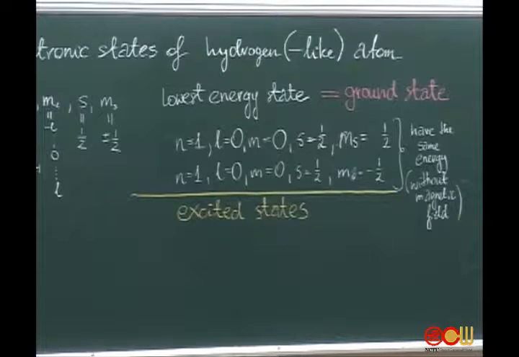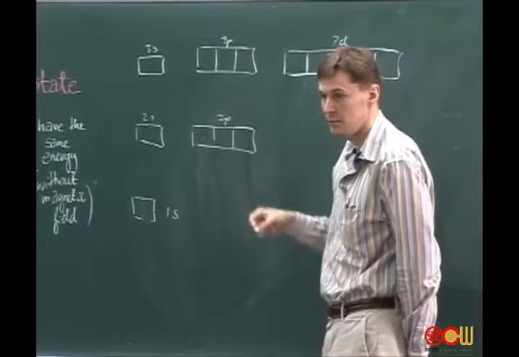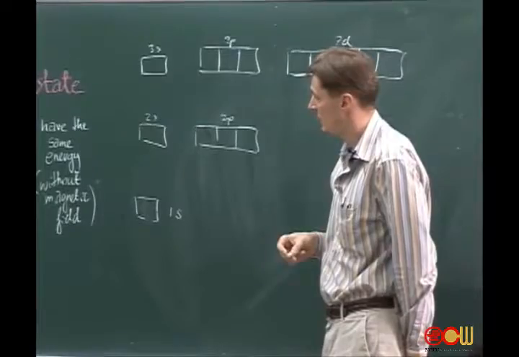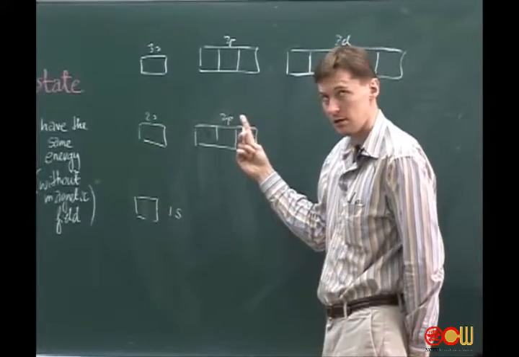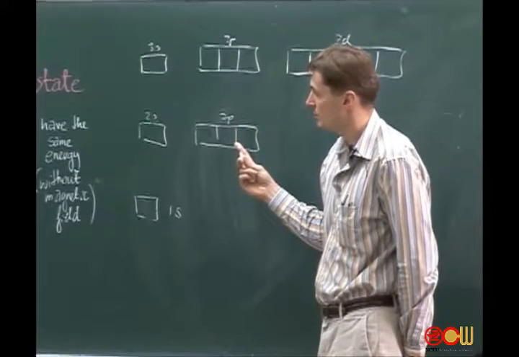And of course, what would the excited states be? If I take the electron from here and put it here with spin up or spin down, or put it here with spin up or down, or here. So you see that for hydrogen atom, there will be 8: 1, 2, 3, 4, 5, 6, 7, 8 excited states with the same energy.